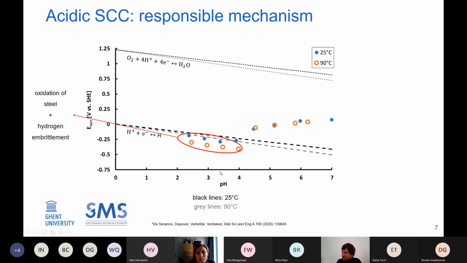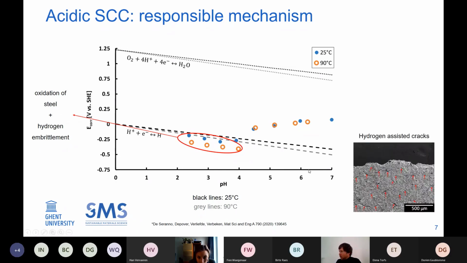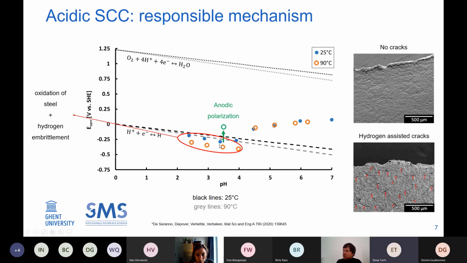And to prove this, we took this data point at pH 3.5, more or less, and we took a look at the surface. And if you take a look at that surface, we can see hydrogen-assisted cracks, indicated by the red arrows. To prove that this mechanism or this change happened, we anodically polarized that sample towards a corrosion potential above the reduction line of hydrogen, so the green dot.